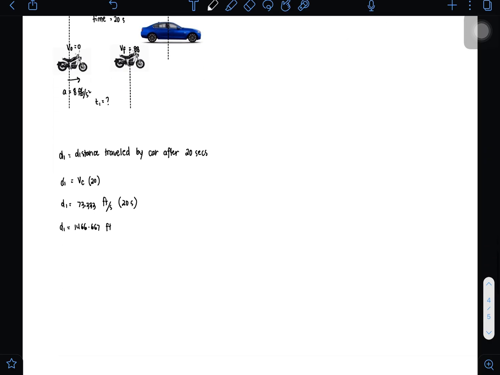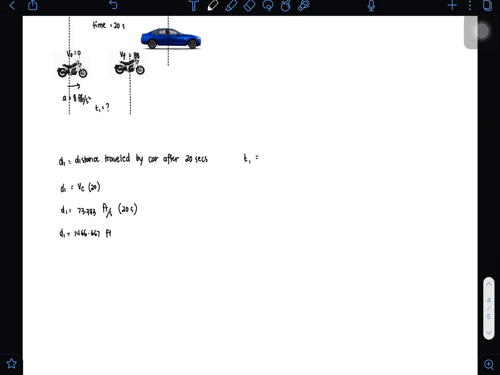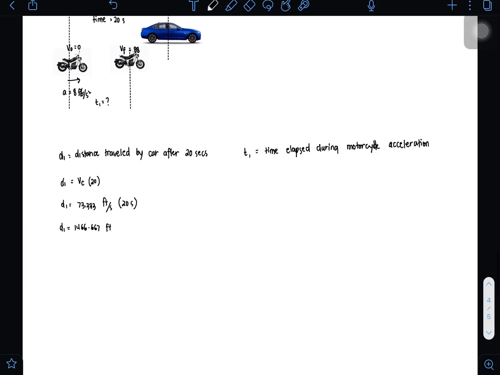Okay. So t1 is the time elapsed during the motorcycle acceleration. We're going to use the formula that the final velocity is equal to initial velocity plus or minus acceleration times time.